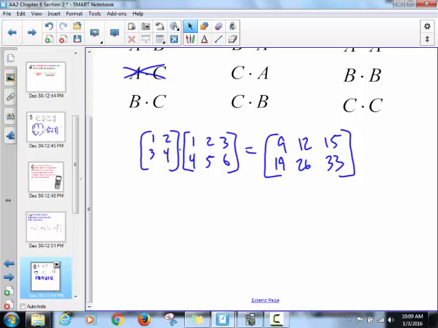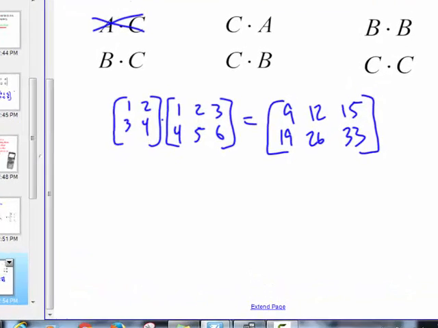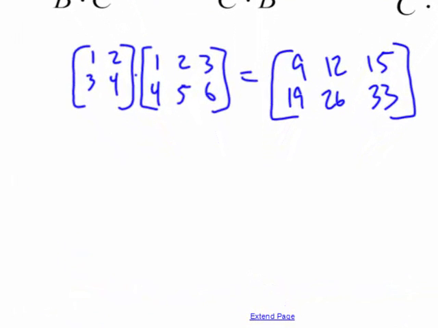The reason why I did A times B, and I got these numbers written right here, is how it works. It almost distributes in a way. It's kind of tricky, but what it does is it takes one of the rows, starting with the first row, and multiplies it by the first column in order to get this number. And how it does that is this right here.